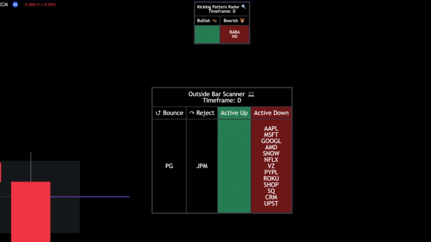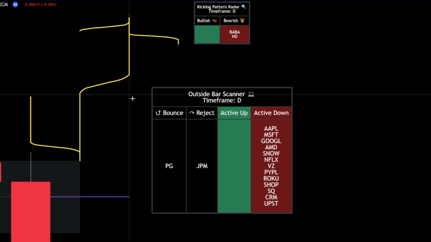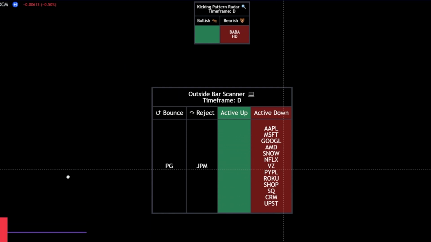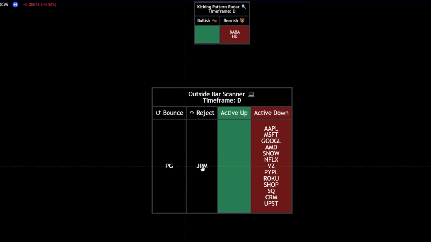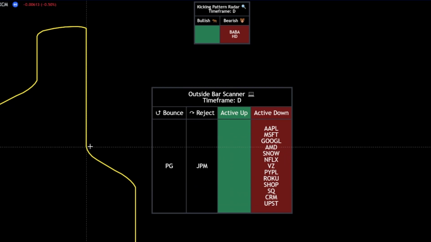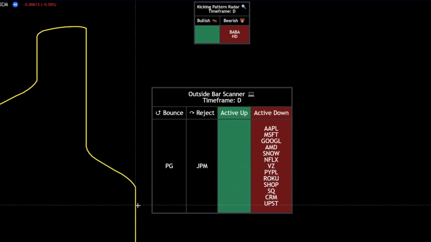If they bounce, then go back up, they would be active for the outside setup to the upside. Okay, everyone following? But if we see a prospect for rejection, where we go up, then down, and we get past that halfway point, these are the ones that have the setup active to the downside.